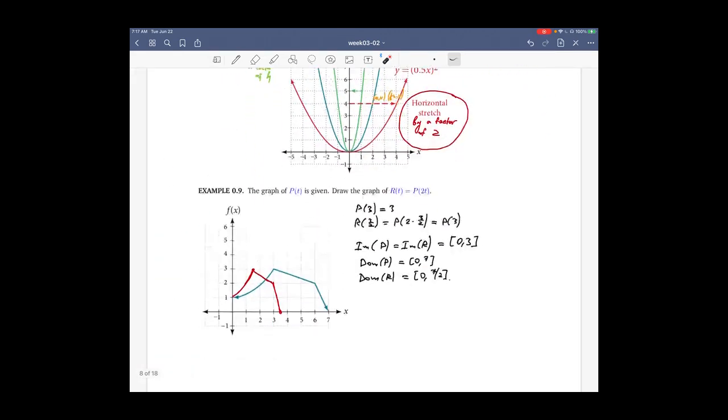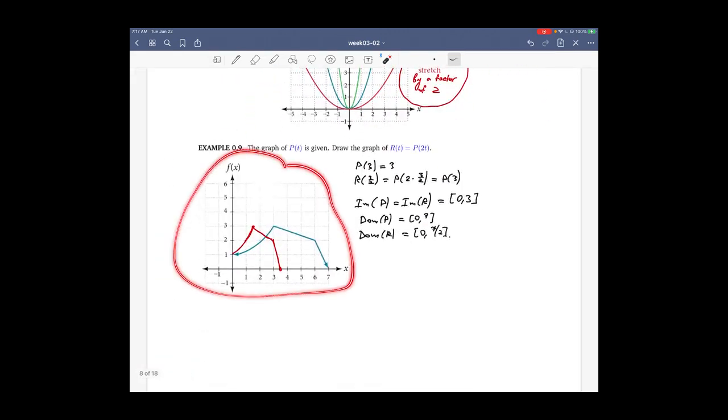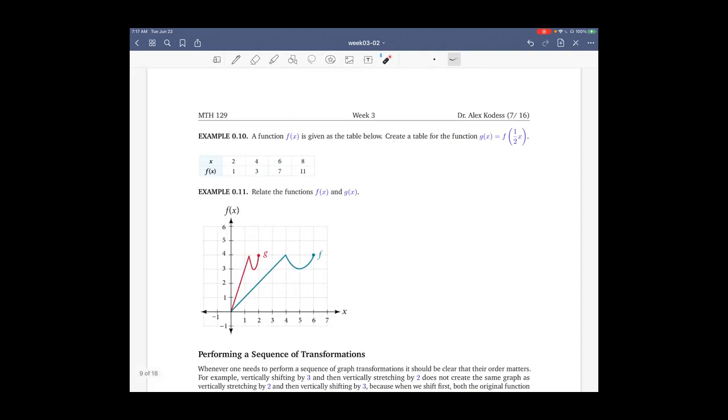In the previous example, we were speeding up f. So this new function g will be taking exactly the same values, 1, 3, 7, and 11, but at different times.